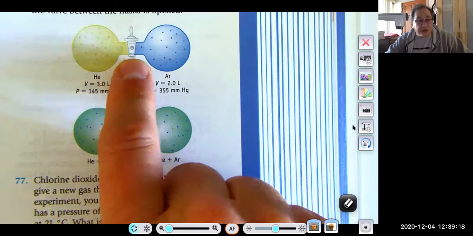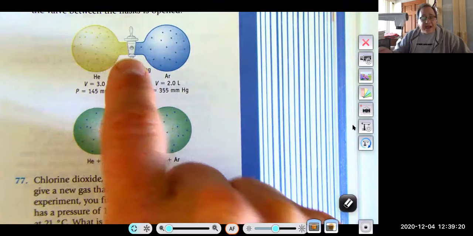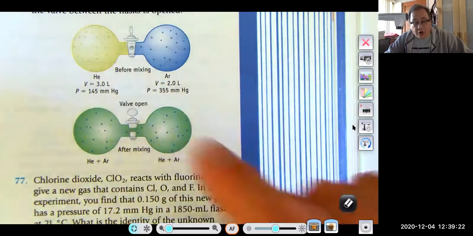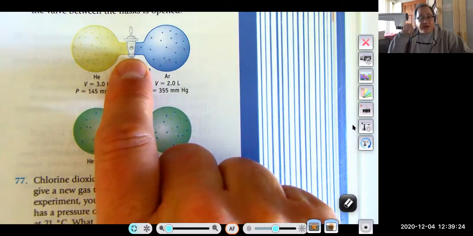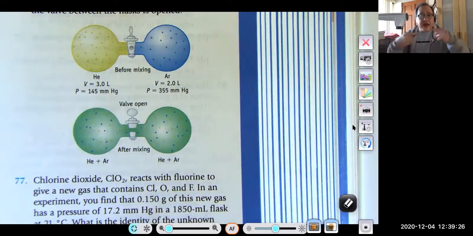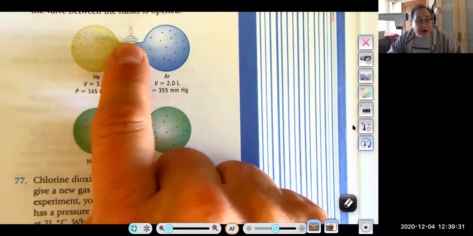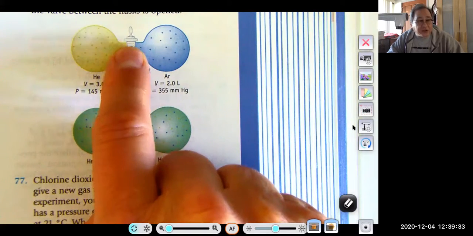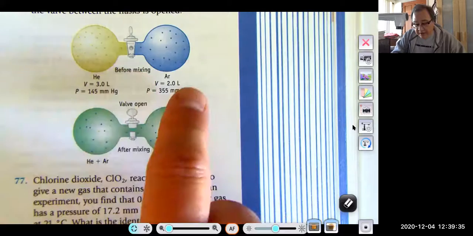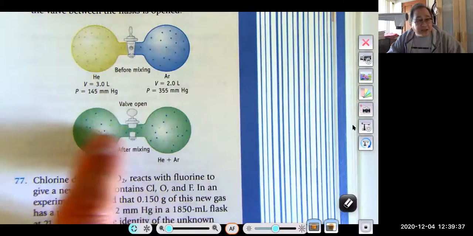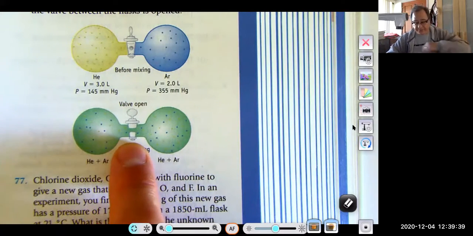And you see that little hole in the middle of the stopcock? That allows the gases to go through. But when the hole is perpendicular to the containers, no gas can go through. So when you turn this stopcock 90 degrees so that the hole is parallel to the containers, gas can go through, as you can see in this drawing.